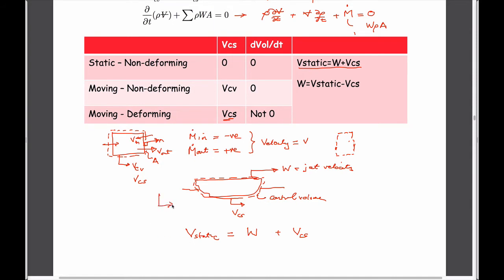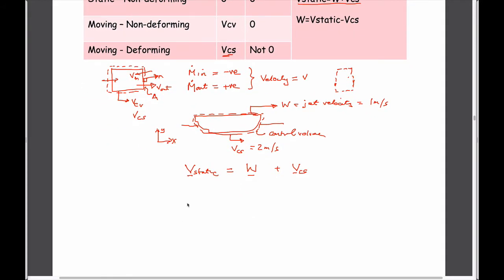We have to set ourselves a coordinate system in Z. And we also have to realize that these really actually aren't scalar values, right? They're actually vectors. So if we have this as equal to 1 meter a second, and the boat is going at 2 meters a second, then this vector here, which will have 3 components, is just going to be equal to the velocity in the x direction is 1 meter a second, in y it's 0, and in z it's 0.